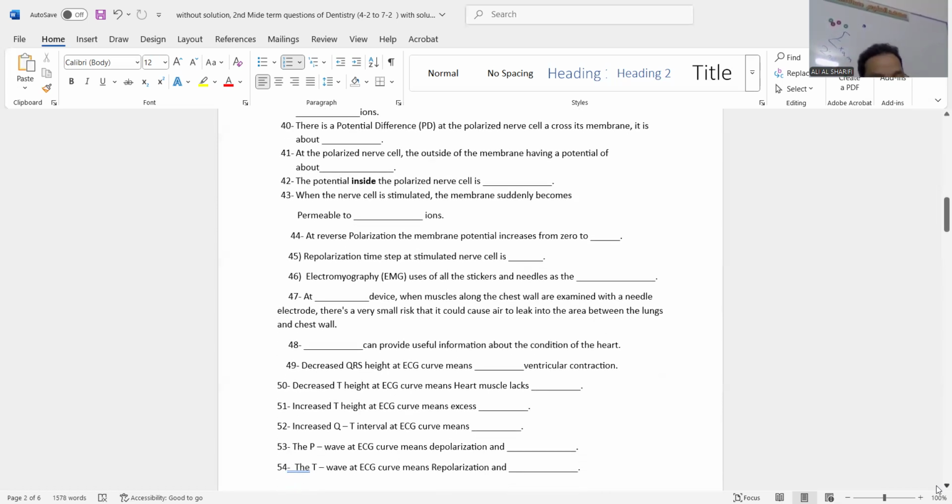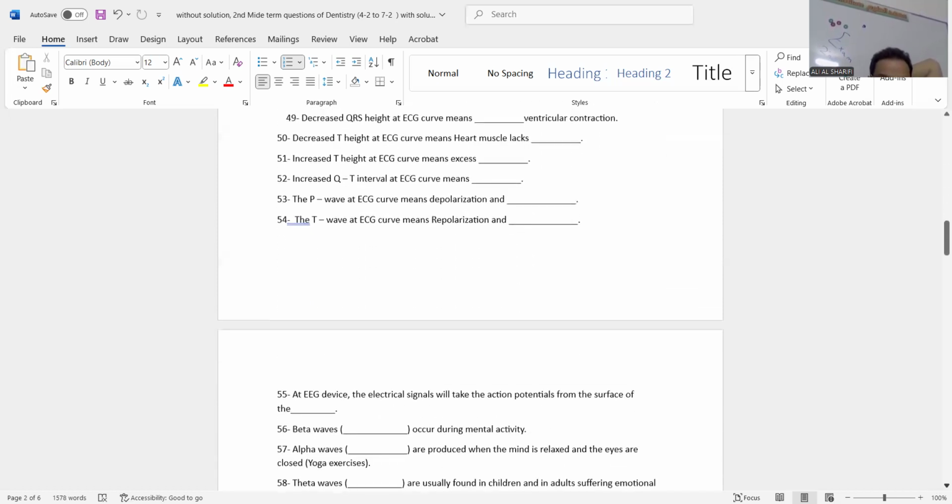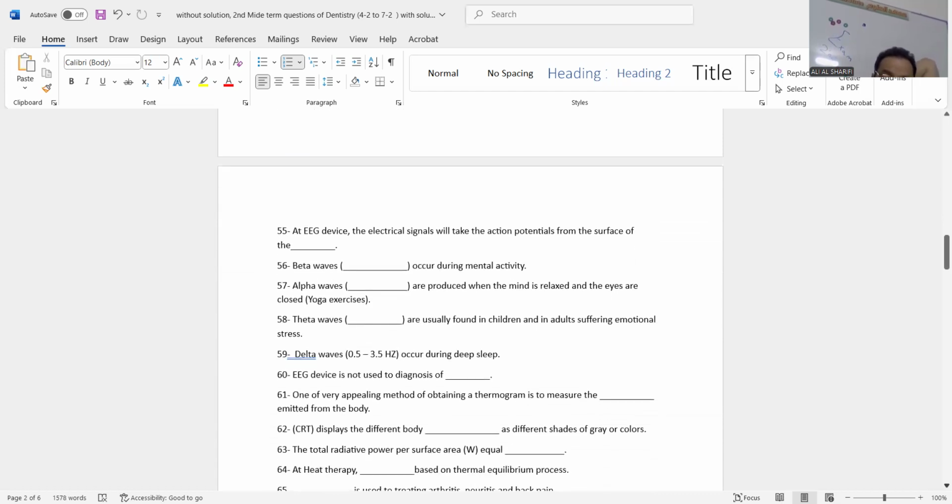The P wave at the ECG curve means depolarization and what? The T wave at the ECG curve means repolarization. At the EEG device, the electrical signal will take the action potential from the surface of what?